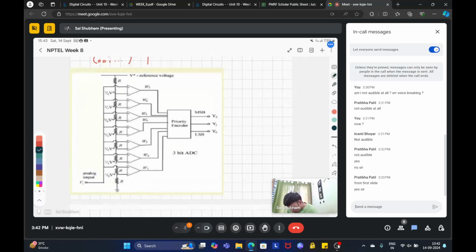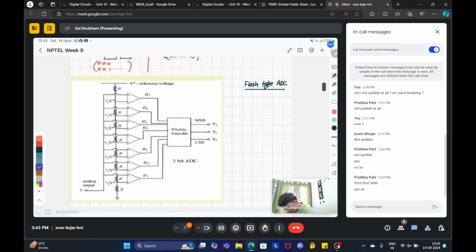Okay. So in this case, this is your flash type ADC. And you will notice something interesting about it: it has instant output. Zero iterations, zero time.